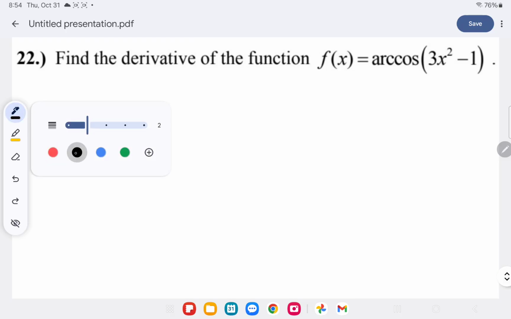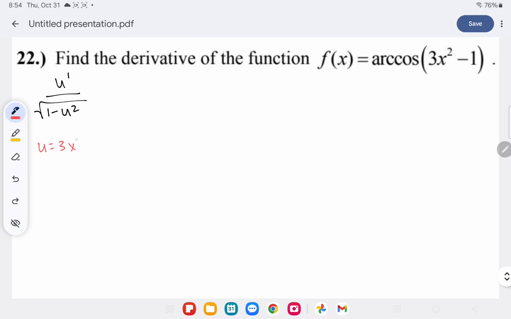Arc cosine. So our rule for arc cosine is u prime over the square root of 1 minus u squared. So let's define some things before we get started. u is 3x squared minus 1, which means u prime is 6x using the power rule, which means that u squared is 3x squared minus 1, squared.